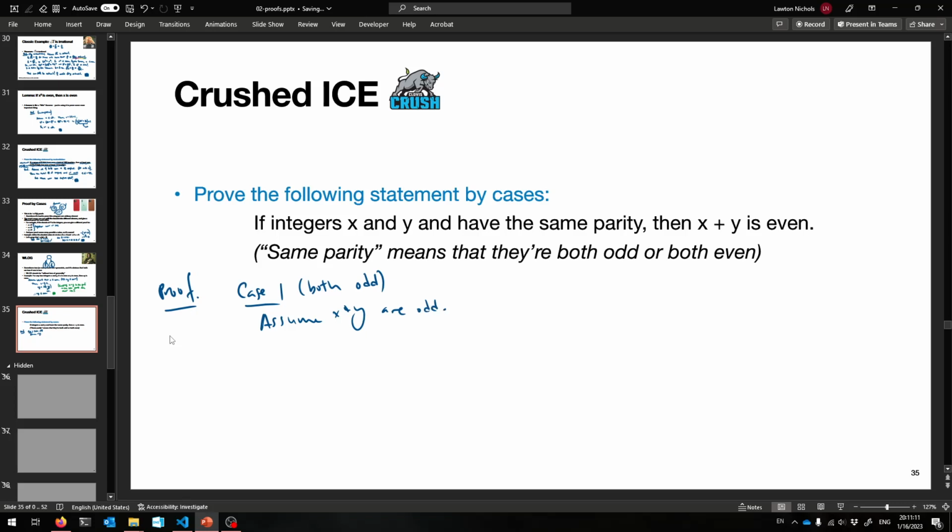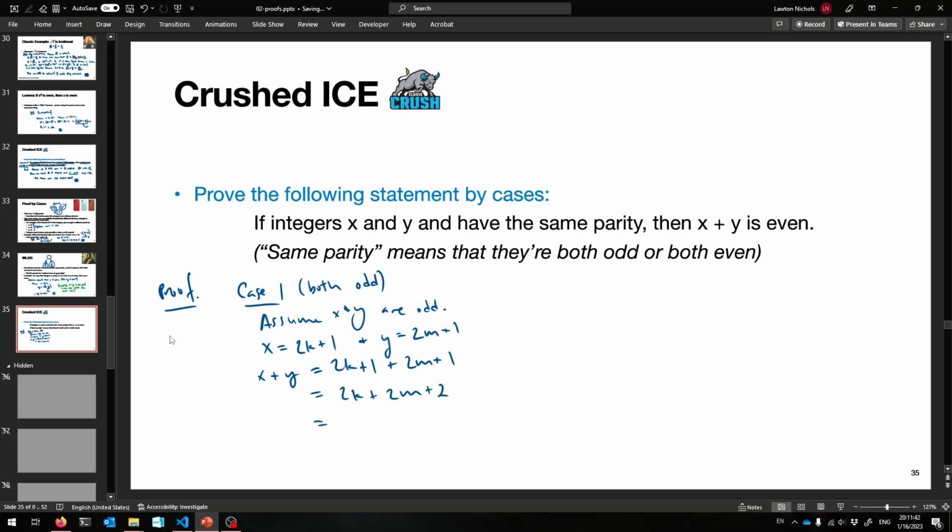What does that mean about x and y? That means x is equal to 2k plus 1, and y is equal to 2m plus 1, let's say, for some integers k and m. What is their sum? x plus y is equal to 2k plus 1 plus 2m plus 1, which, if we do some math, is equal to 2k plus 2m plus 2.